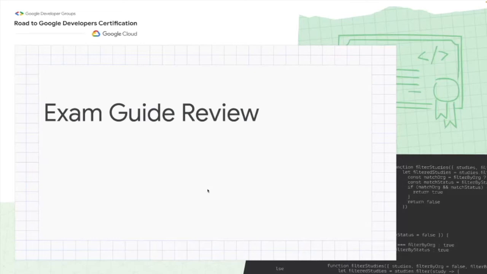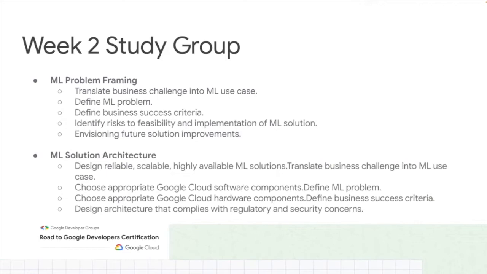Today, we're gonna look at machine learning problem framing, how to translate a business challenge into a machine learning use case, how to define the machine learning problem, the success criteria, identify risks to feasibility and the implementation, and envisioning future solution improvements.